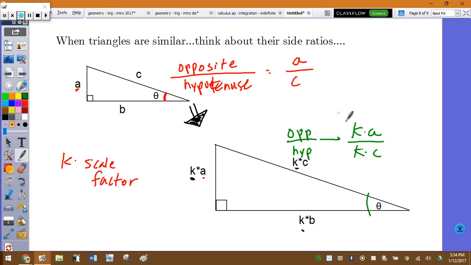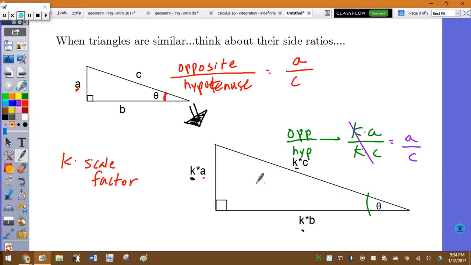So I get something that looks like it's different. Oh, wait a second. I have this k appearing on top and bottom. I'm multiplying by k, and then I'm dividing by k. Hopefully you already recognize these are opposite operations, which is to say, when you divide k by itself, you cancel it out, because k goes into itself once, leaving us with really a over c.